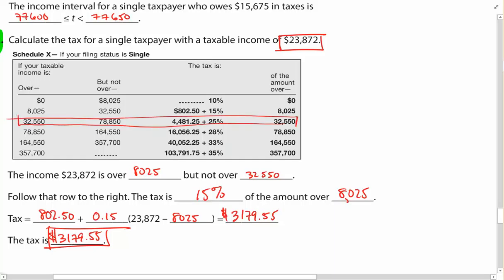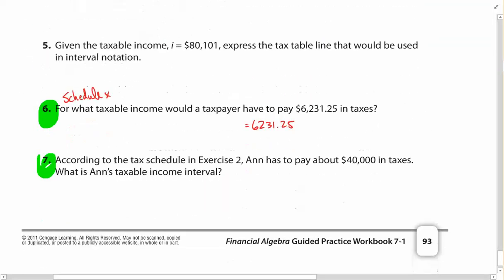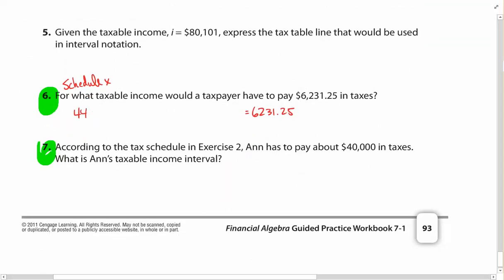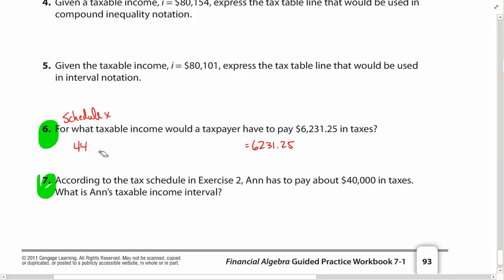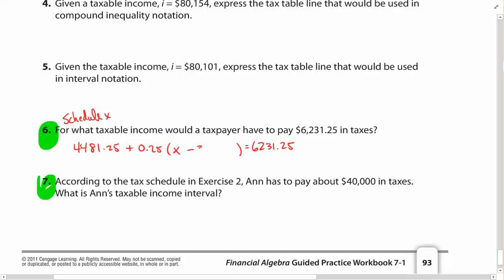What this tells me is that an equation that would be used to represent the taxes here would be the $4,481.25 in minimum tax, sorry, that's 4,481.25 in tax, plus 25% of the amount that's earned, some unknown number here, of the amount over $32,550.